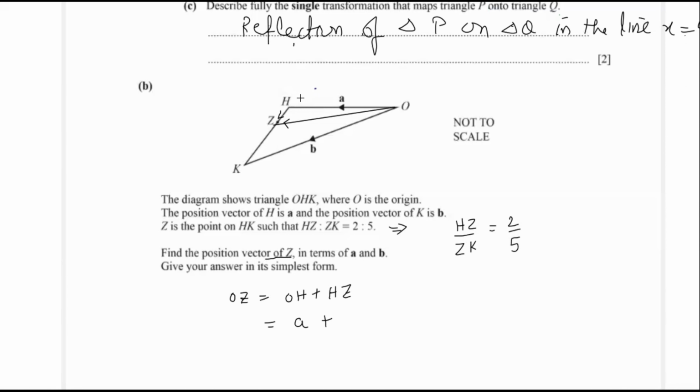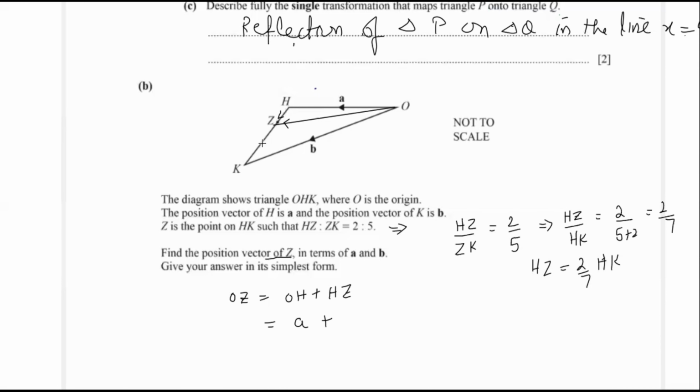Now you can write the ratio HZ to HK. We can take the ratio HZ/HK, that will be equal to 2/(5 plus 2), that's equal to 2/7. Now the HZ will be equal to 2/7 HK.